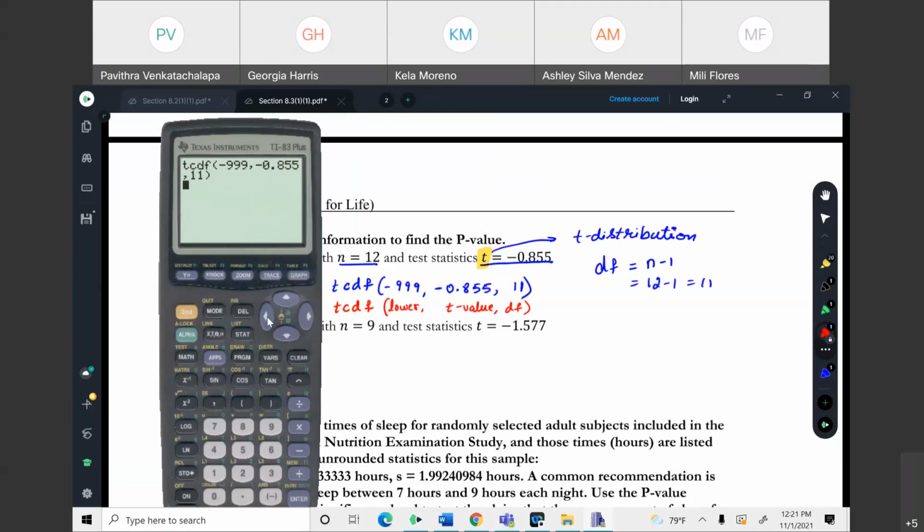Did you all get the answer? 0.205 is the correct answer.